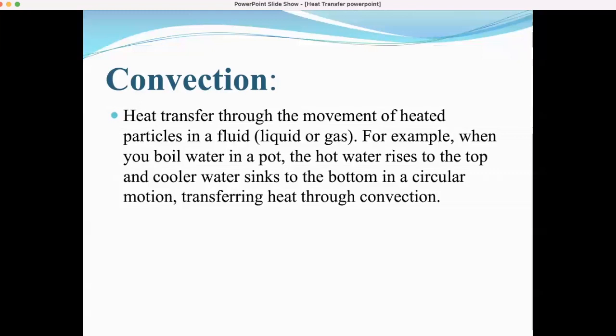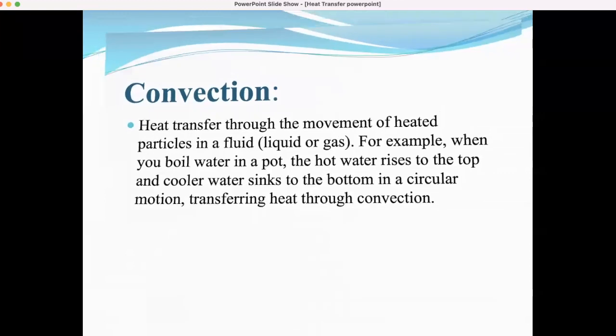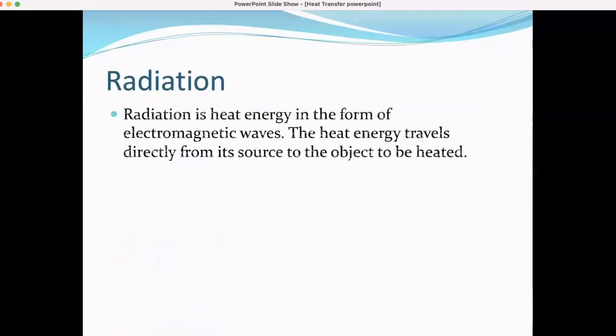For example, when you boil water in a pot, the hot water rises to the top and cooler water sinks to the bottom in a circular motion, transferring heat through convection.